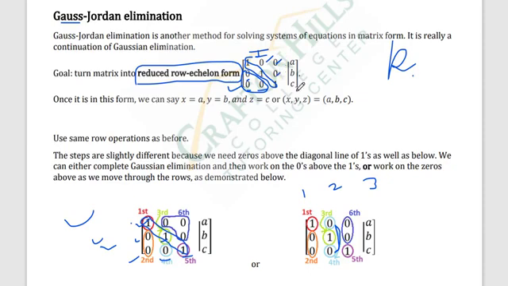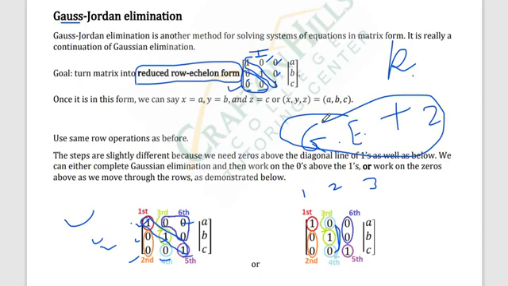So Gauss-Jordan is Gaussian elimination plus 2 or 3 steps like this, the fourth, fifth and sixth steps. So the two are not different at all, Gauss-Jordan and Gaussian elimination.